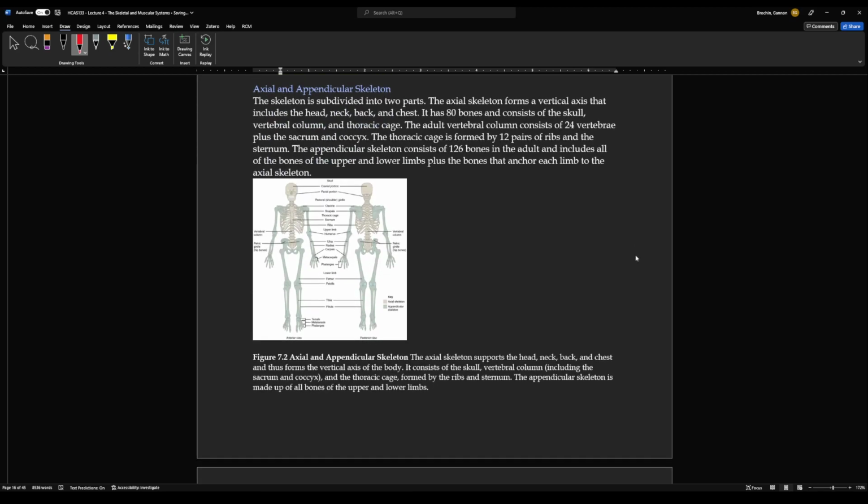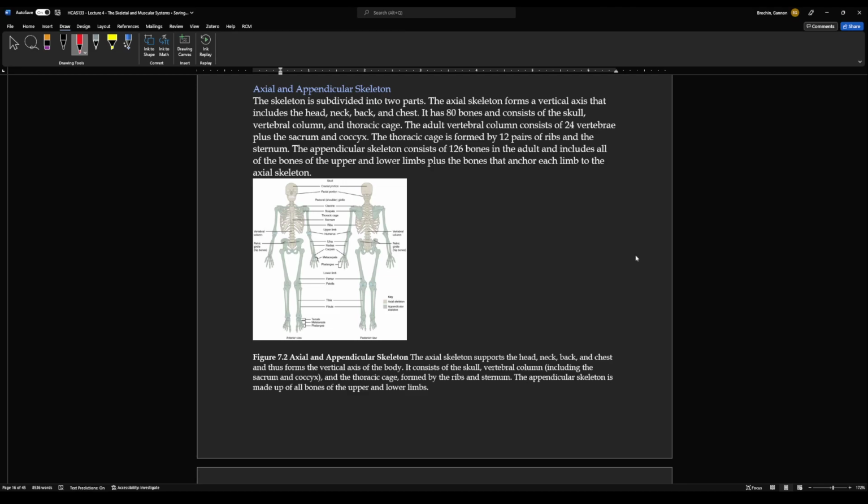All right, so back to our basic breakdown of axial versus appendicular. Our axial skeleton is essentially literally the axis of the body. That's going to include the skull, the facial bones, the vertebral column, to include the sacrum, and it's going to include our ribs and the sternum.